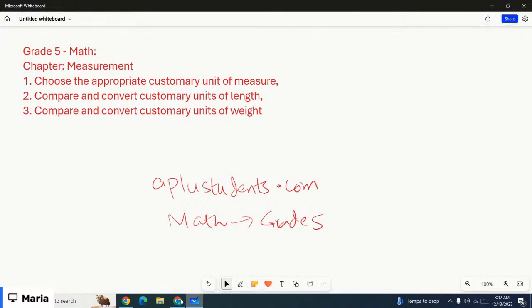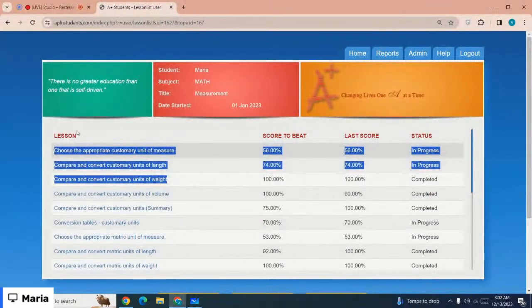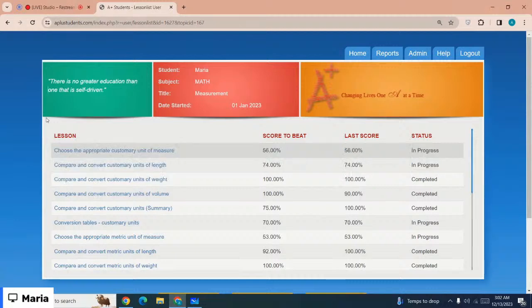So let's just start with the lesson. Here I am on grade 5 math. We're going to start with the chapter measurement. Let's start with the first lesson, that is choose the appropriate customary unit of measurement.